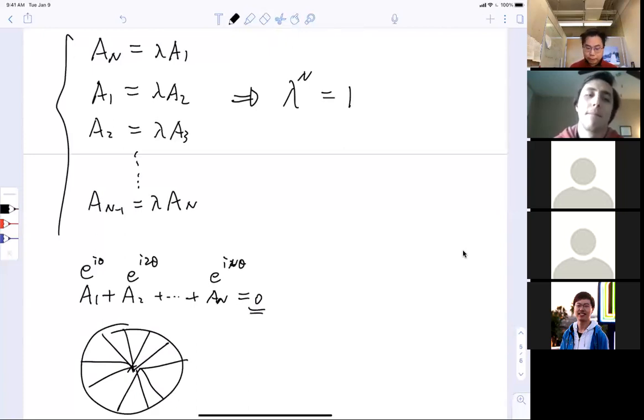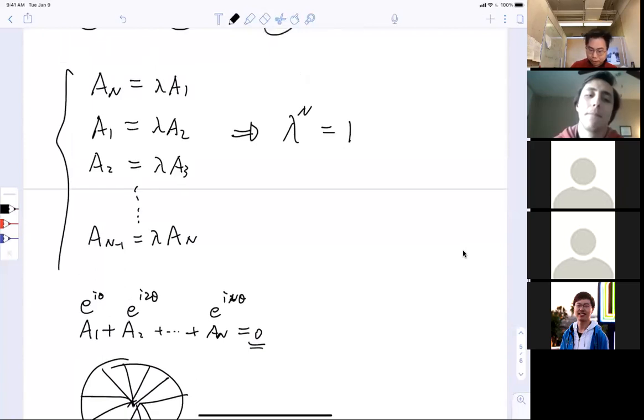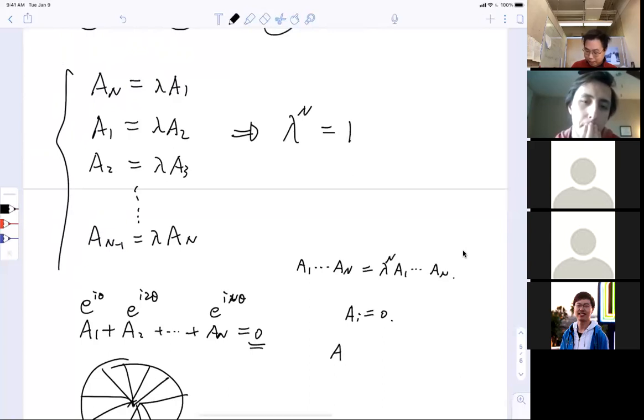But this does not apply to our calculation here. This A1 times An equals lambda times A1 times An. You would say, okay, maybe some value Ai is 0, and the other Ai are non-zero. But this is not true. This definitely will not happen because of the symmetry.